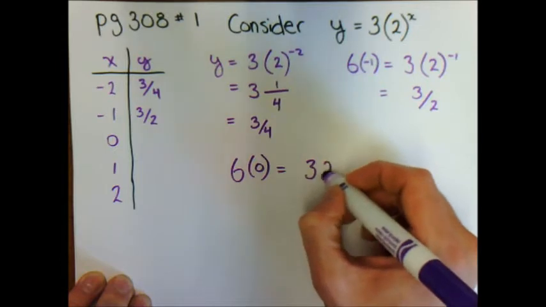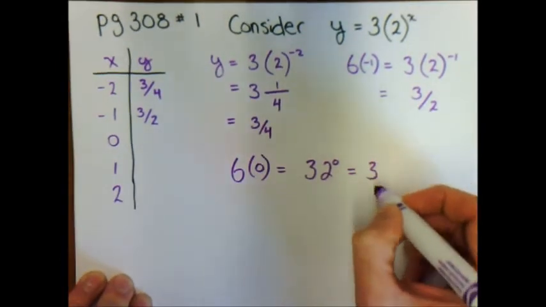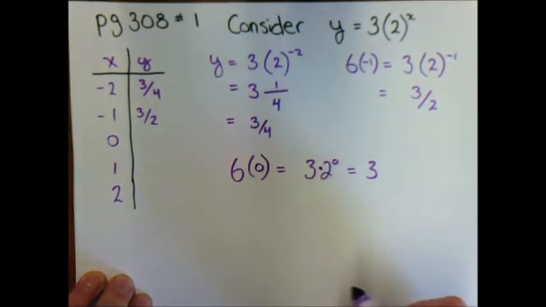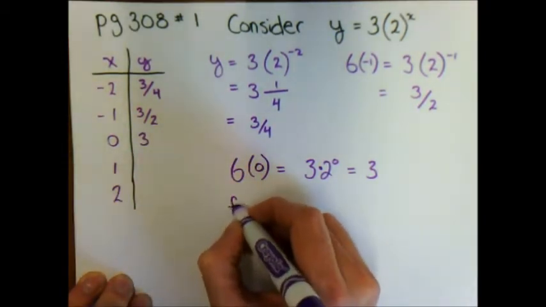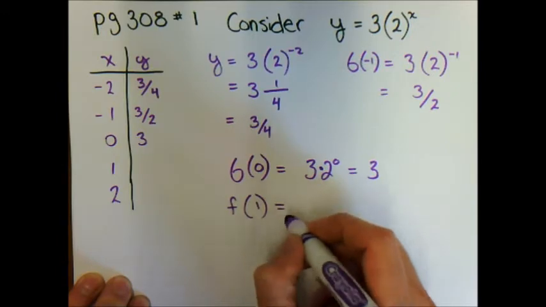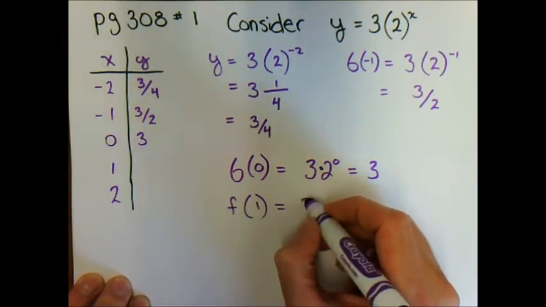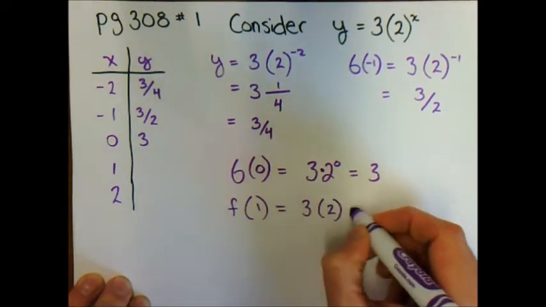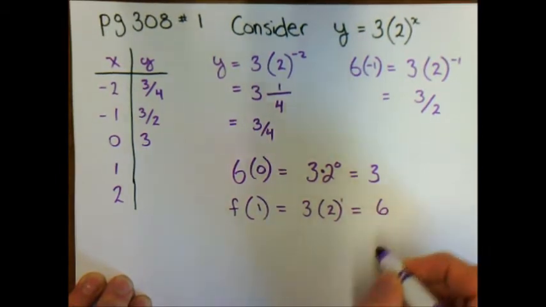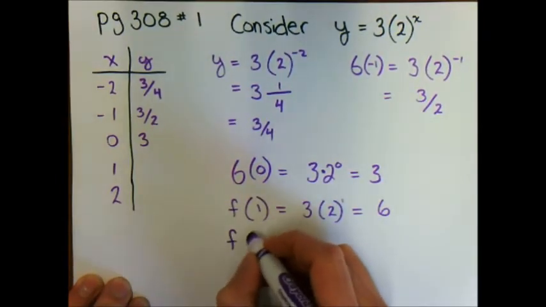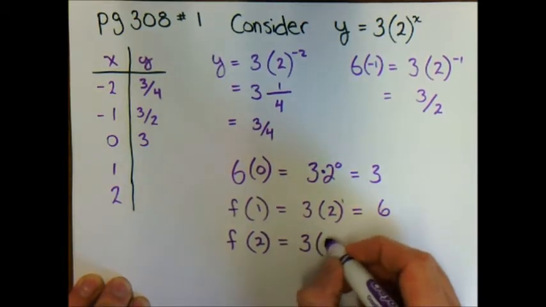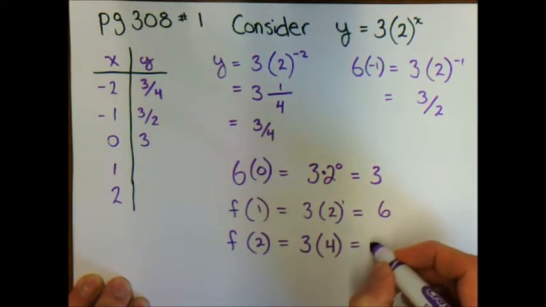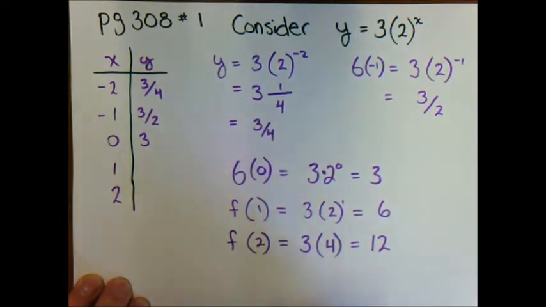Anything to the power of 0 is 1, so that equals 3. We have f of 1, where x is 1. So now we have 3 times 2 to the power of 1, which equals 6. And when x equals 2, we have 3 times 2 to the power of 2, which is equal to 12.